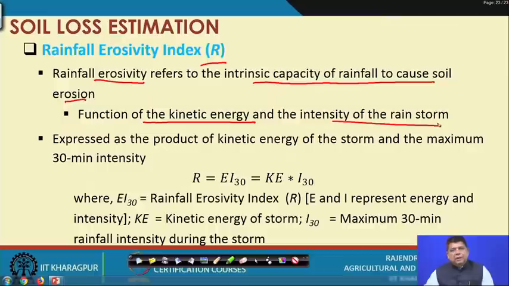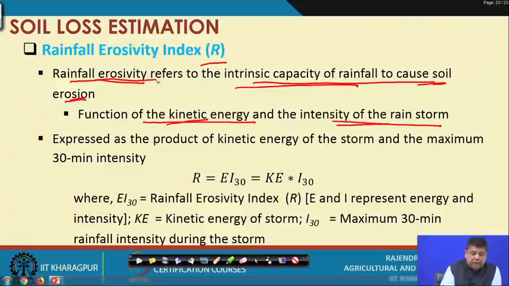Right from lecture number 1, when we started classifying soil erosion, we saw that water erosion starts with raindrop splash erosion, and we also saw it is the raindrop impact which is the major factor behind the detachment process. So, the intrinsic capacity of the rainfall to cause soil erosion simply means to start the detachment process, which obviously depends on the kinetic energy and intensity of the rainstorm.